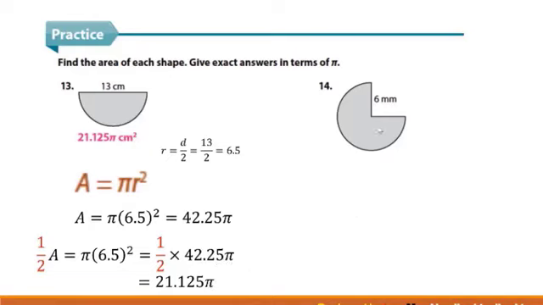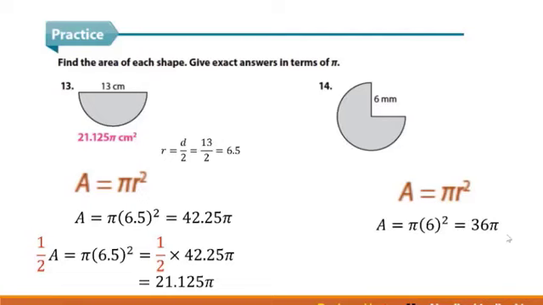Now I need to find 3/4 of a circle. So I have to find the whole circle area. So area equals pi r squared. Then I have to find my radius. My radius is already here, 6. So I change with 6. 6 squared, 36 pi. This is my area for the whole circle.